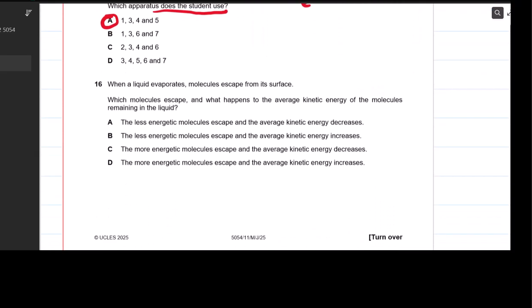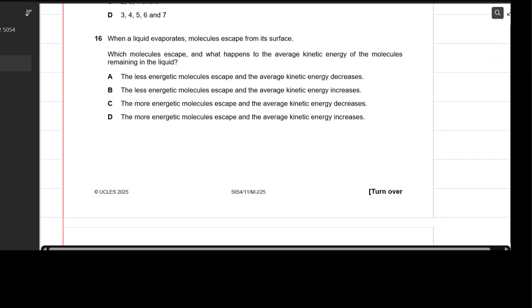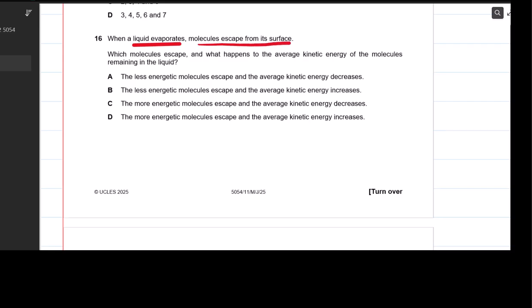Moving to question 16. When a liquid evaporates, molecules escape from its surface. Which molecules escape and what happens to the average kinetic energy of the molecules remaining in the liquid?